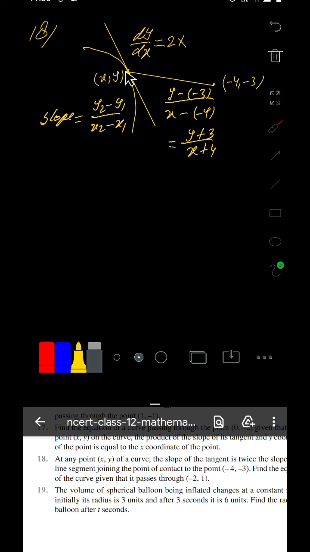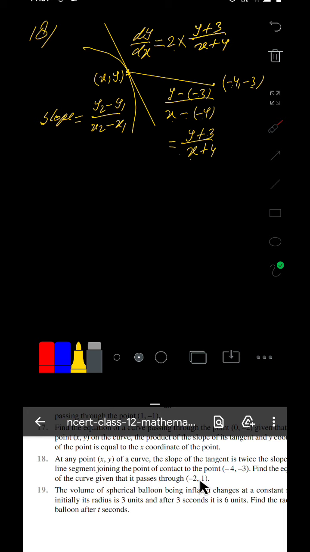According to the language of the problem, the slope of the tangent at x comma y, denoted by dy upon dx, is equal to twice the slope of the line segment joining the point of contact and the point minus 4 comma minus 3, that we have found: y plus 3 upon x plus 4.